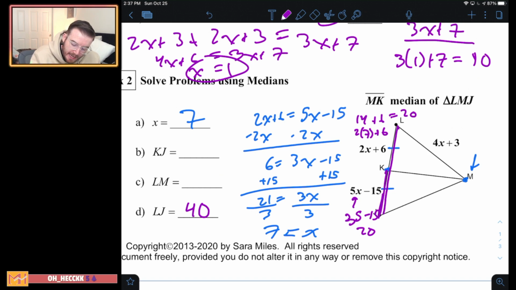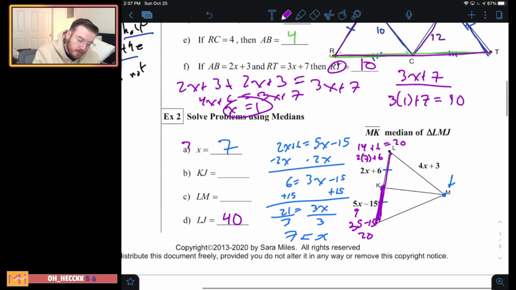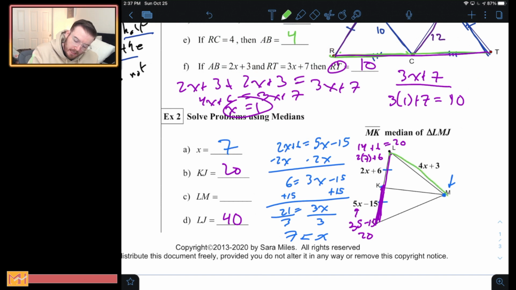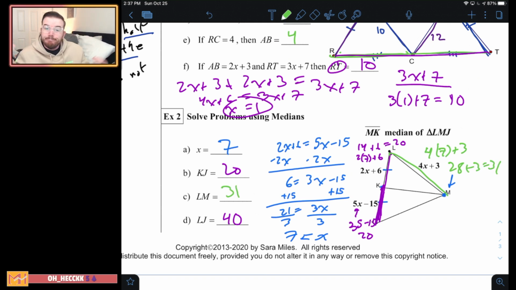KJ is simply half, so that's 20. And now that we know x, we can just plug it into LM. X is 7, so 28 plus 3 is 31. And we did it.